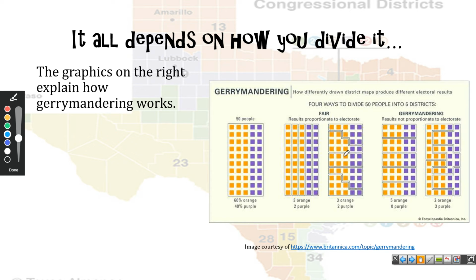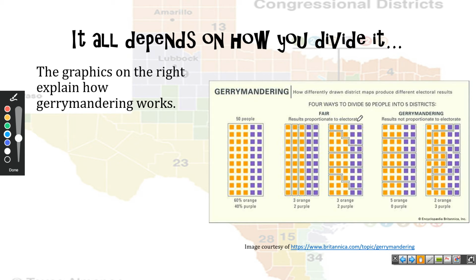Now we're going to flip again: 6 orange, 4 purple, orange majority. And now you're back to an 8-2 in favor of the orange. But here on top, you have 6 purple, 4 orange.